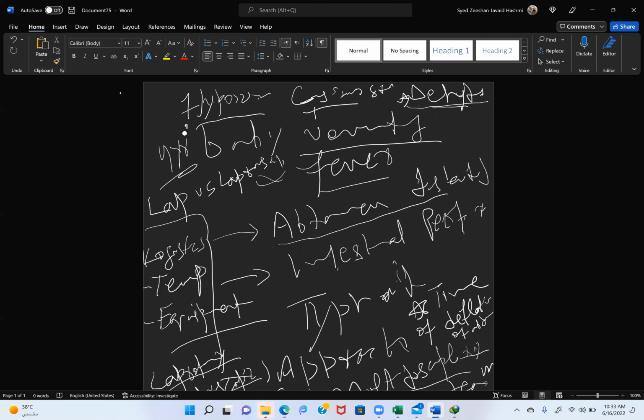So you can say if they are doing laparoscopy, the concerns related to laparoscopic surgery. Then, with vomiting, you will be considering it a full stomach, because in a full stomach there are chances of aspiration. So you need to do rapid sequence induction.